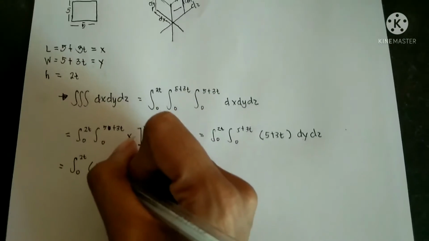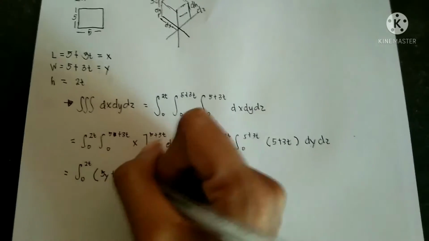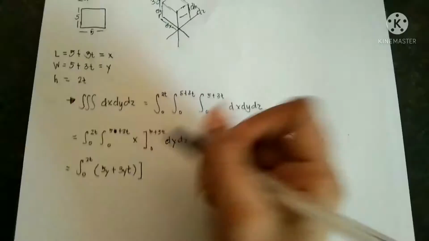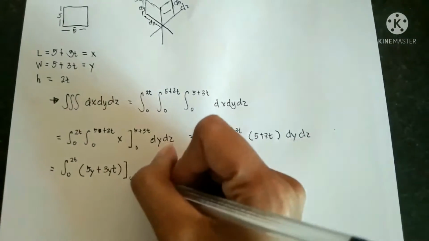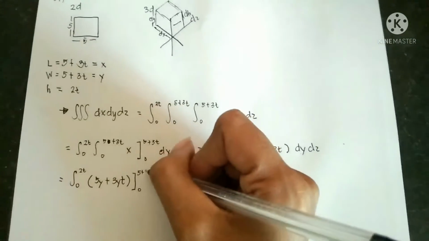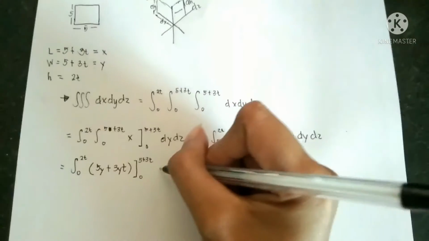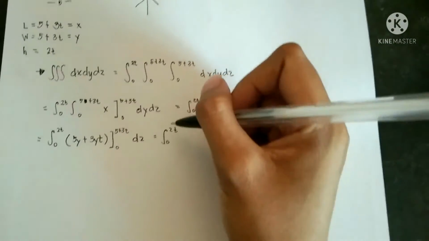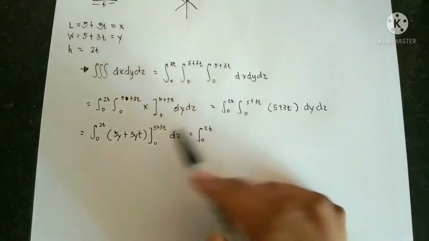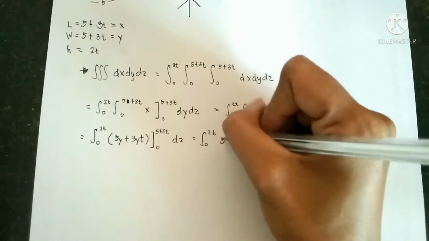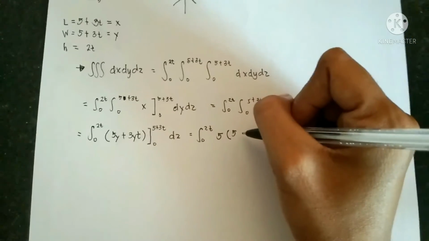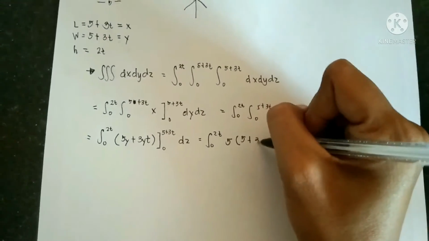So magiging 5y plus 3yt. Then the value of our lower and upper limit, which is 0 to 5 plus 3t, dz, is equal to integral 0 to t. So factor natin ito, magiging 5 plus 3t.